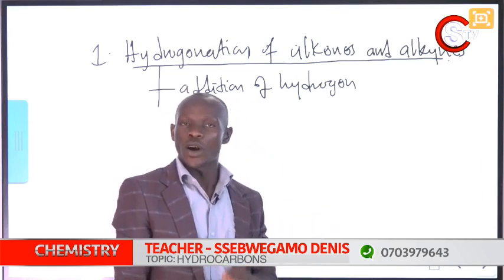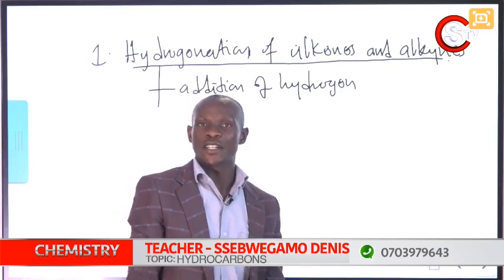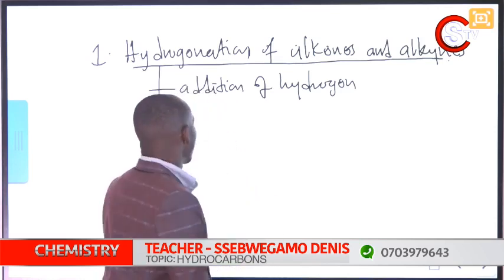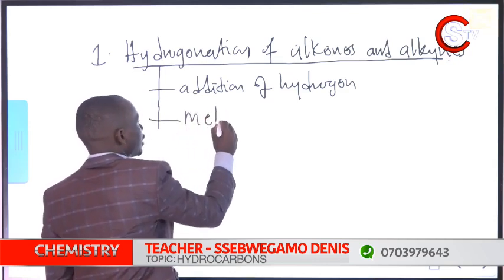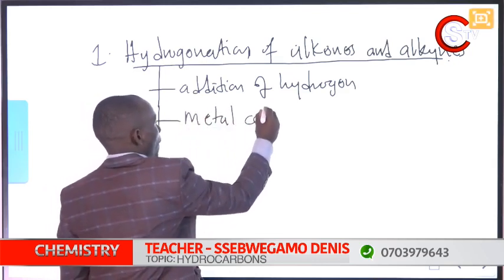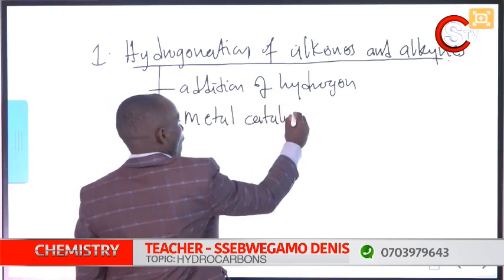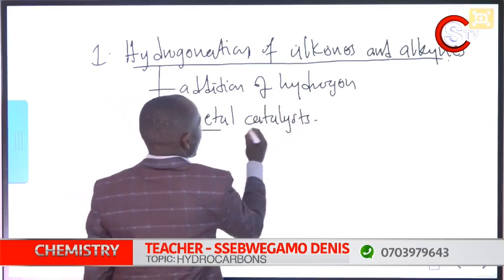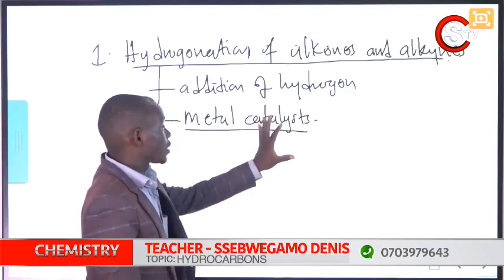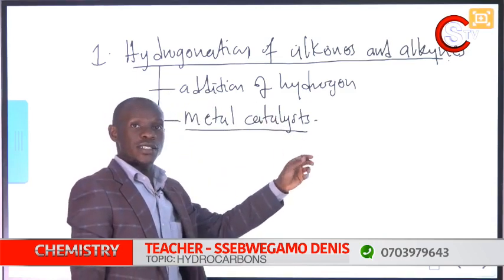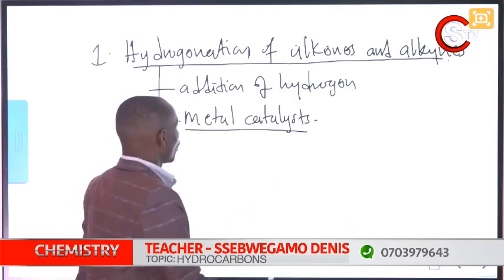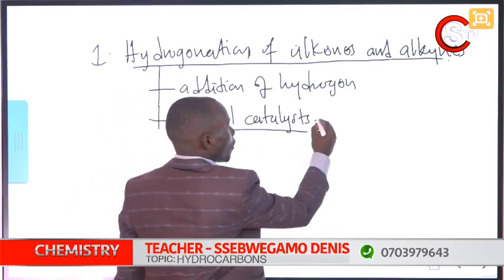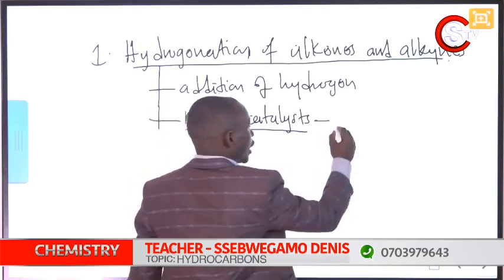It needs some metal catalysts and a specific temperature. We know what catalysts are. Catalysts are chemical substances that speed up the rate of reaction. So metal catalysts, for example, nickel catalyst.